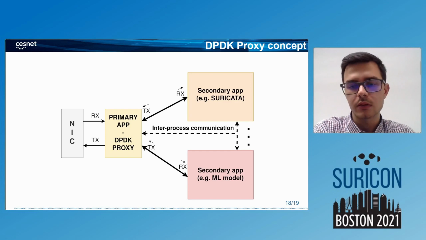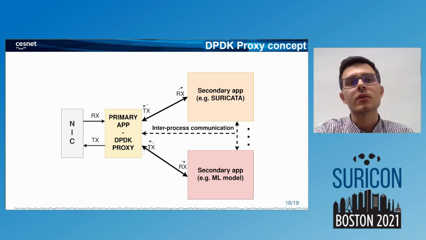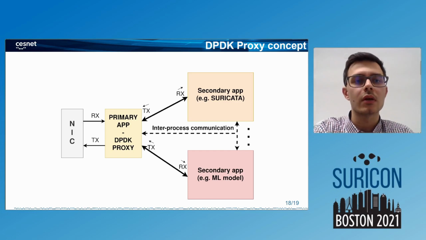It can differ, let's say, between encrypted and unencrypted traffic, or maybe other profiles of traffic. And secondary applications, or the subscribed applications, can define what traffic they are interested in. We might have a network analyzer that's not interested in encrypted traffic, so the proxy will only be sending unencrypted traffic to this application.